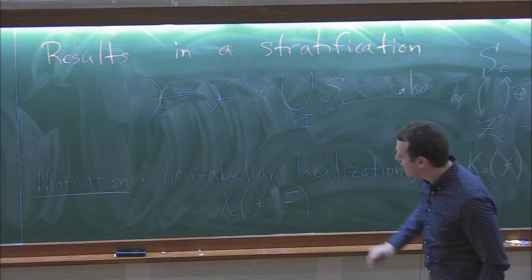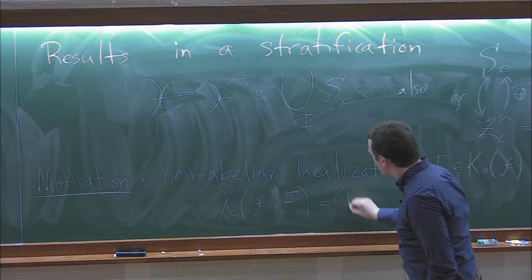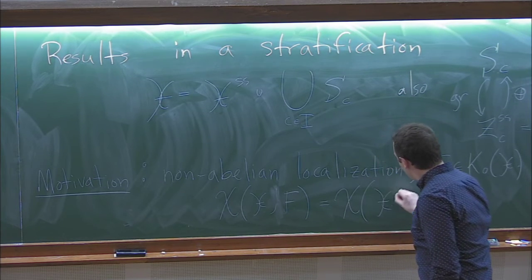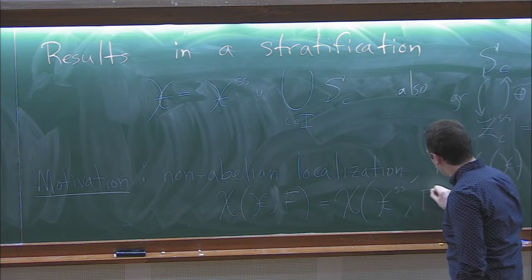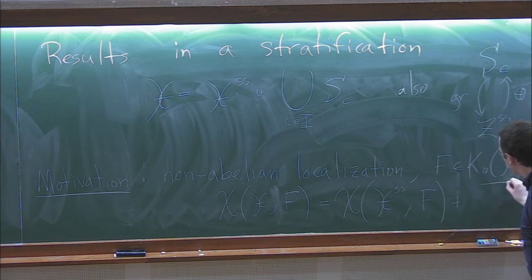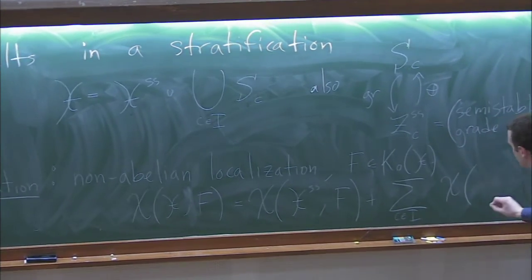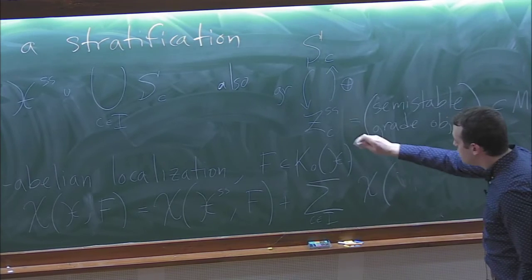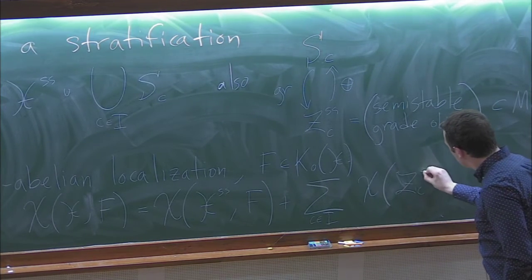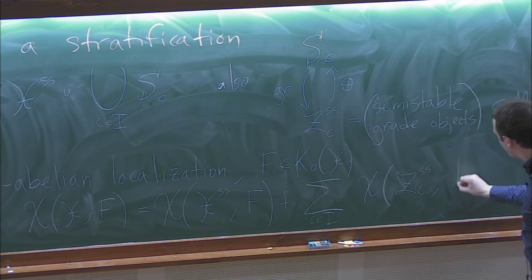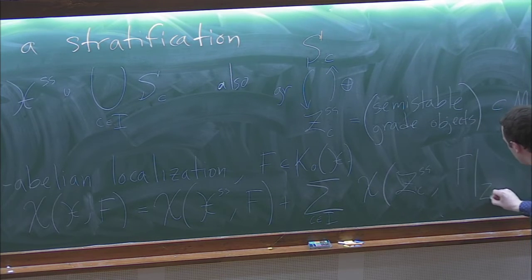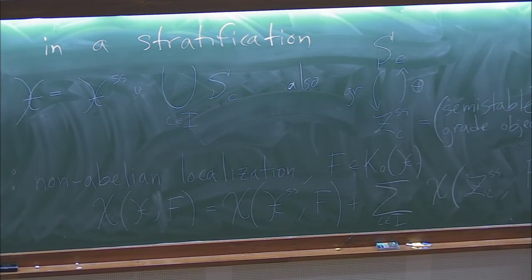The K-theoretic index of a K-theory class F on X is equal to the K-theoretic index on the semi-stable locus plus a bunch of corrections: the K-theoretic index on these associated graded pieces of F restricted to the associated graded pieces, tensored with something like 1 over the Euler class of the normal bundle.